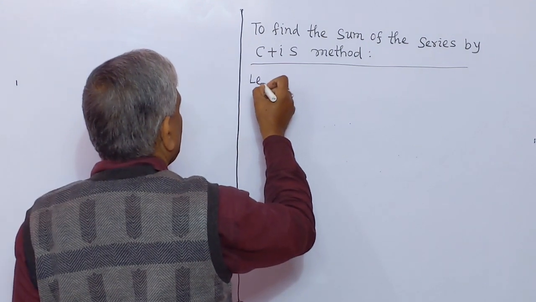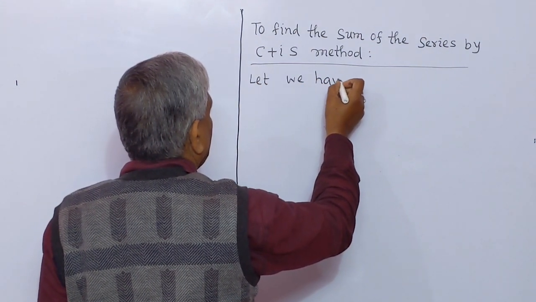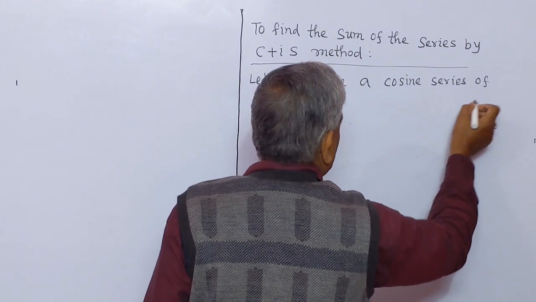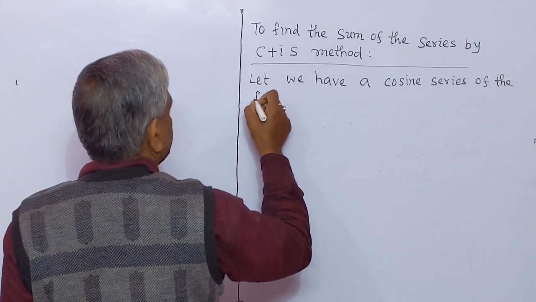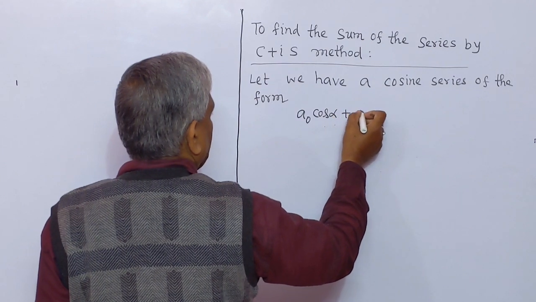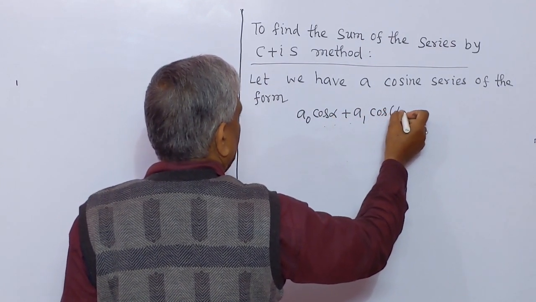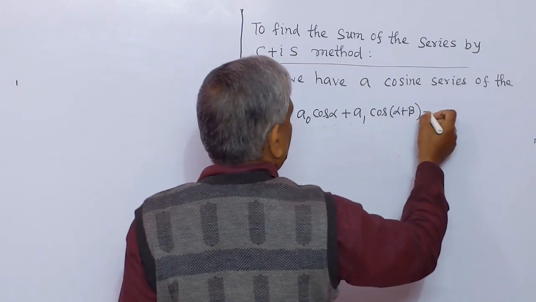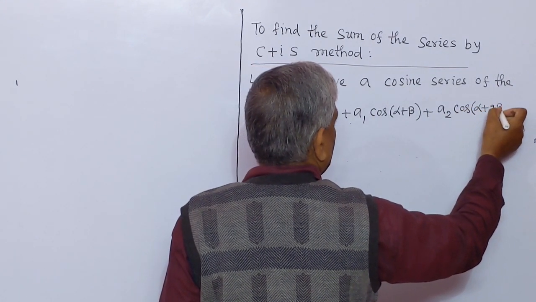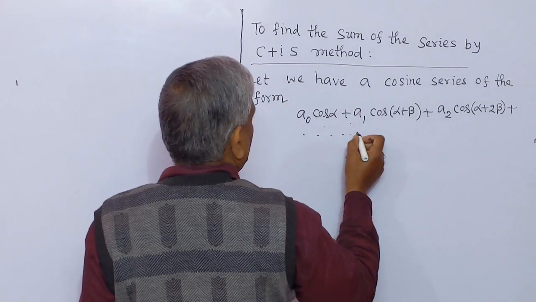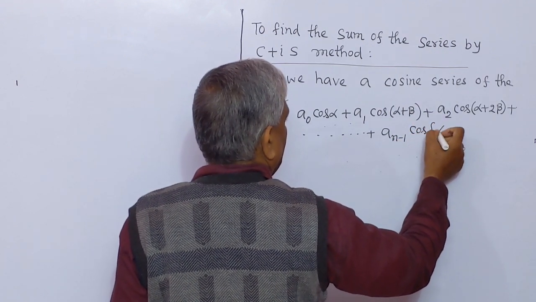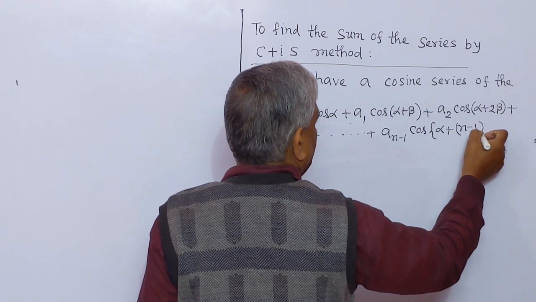Let we have a cosine series of the form A naught cos alpha plus A1 cos alpha plus beta plus A2 cos alpha plus 2 beta plus ... plus A n minus 1 cos alpha plus n minus 1 beta.